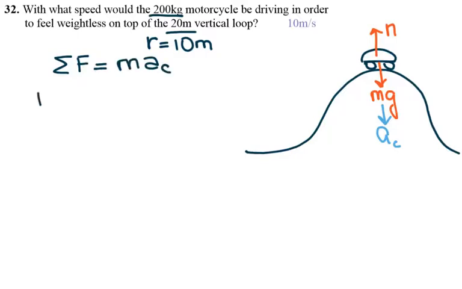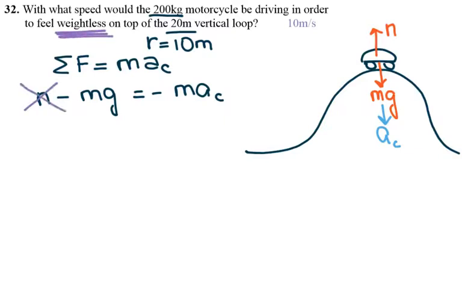The forces are normal force minus mg equals negative mac. They said the object would feel weightless, and weightless means there is no normal force. The object does not feel the force acting on it, but it's like falling down.